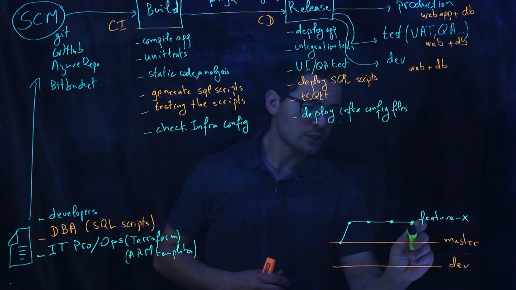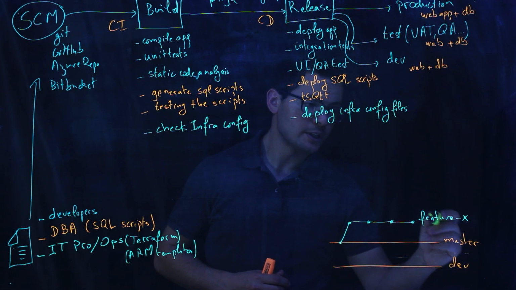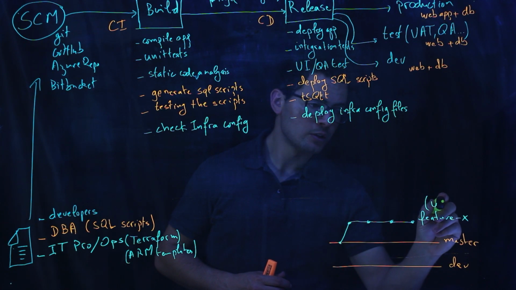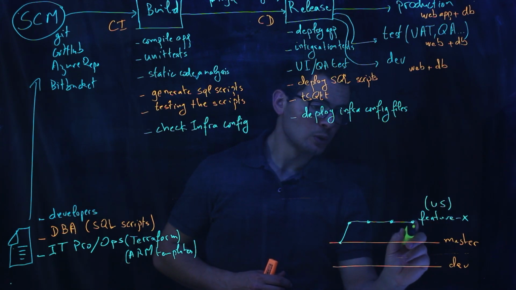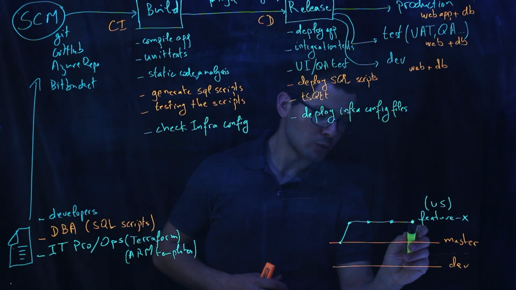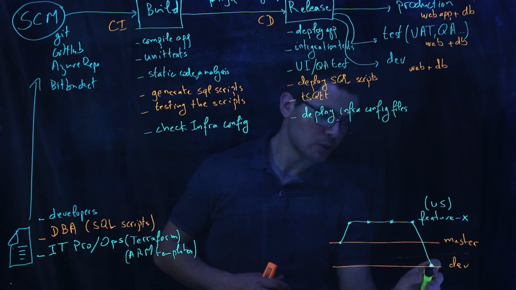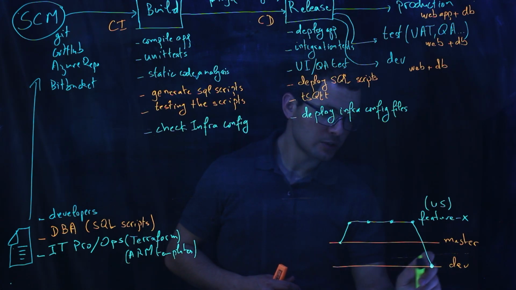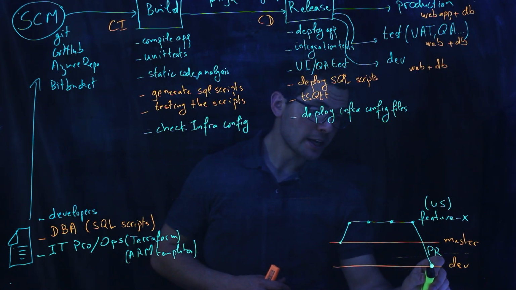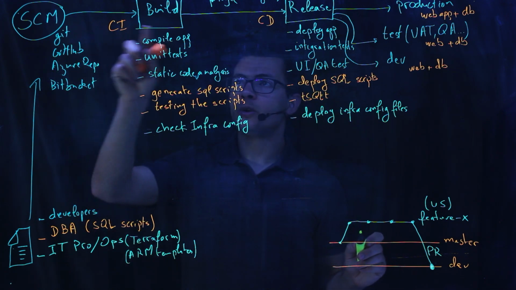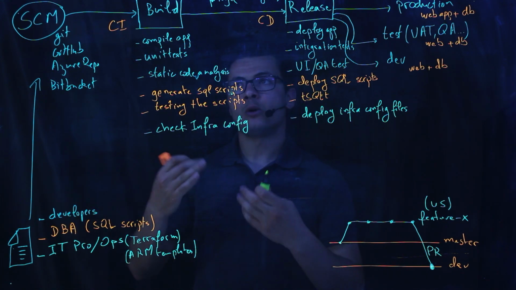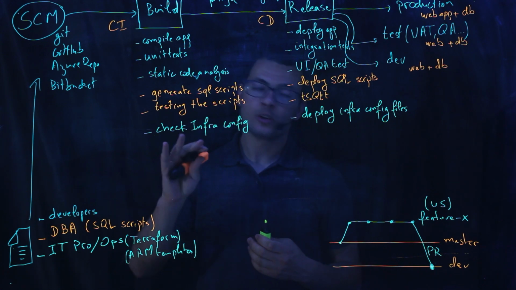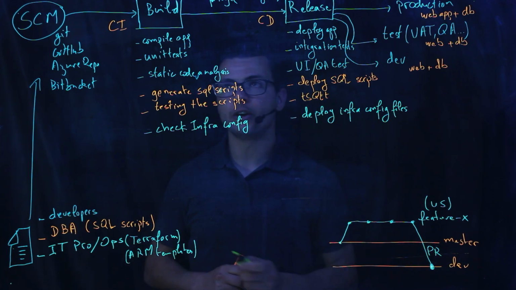At the end, when he has finished developing his user story, he will create a pull request onto the master or the dev branch, depending on what you are doing. So let's say he will create the pull request onto the dev branch. Just at this time, we trigger the build pipeline, and we can configure our CI/CD tools in order to take into account the pull requests.